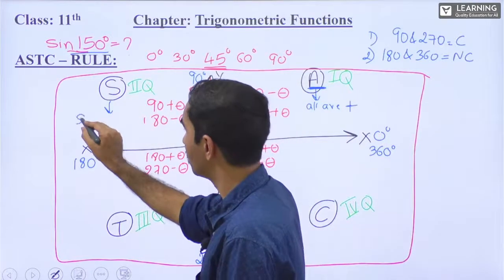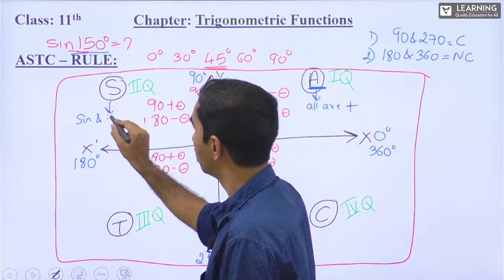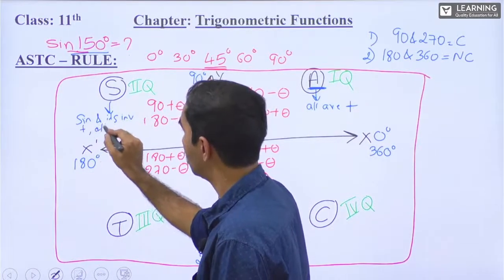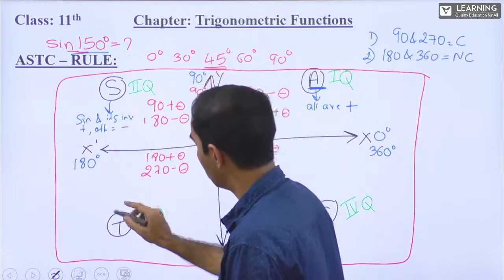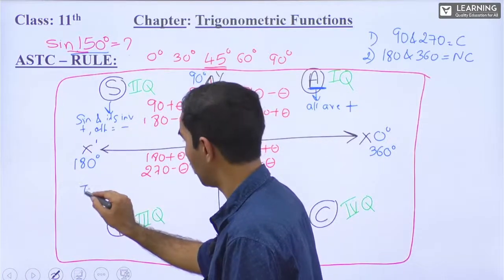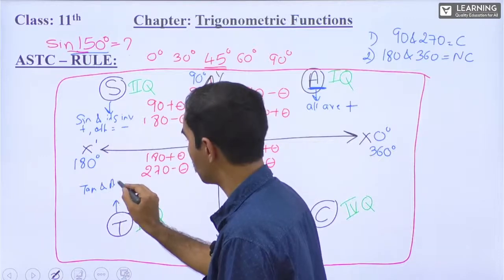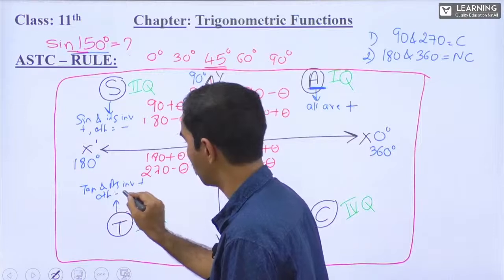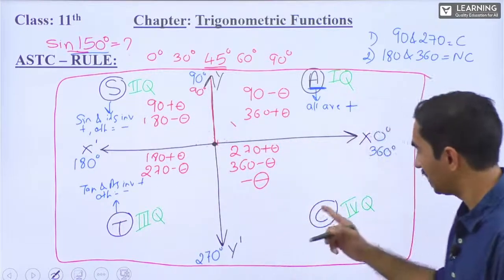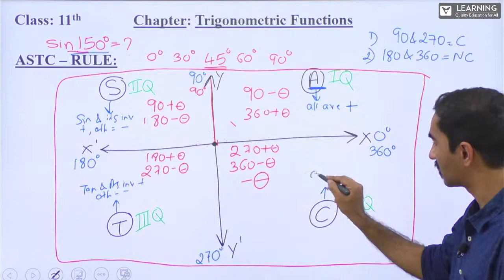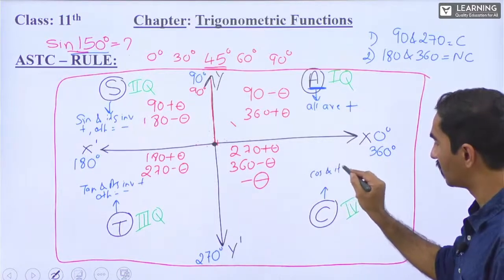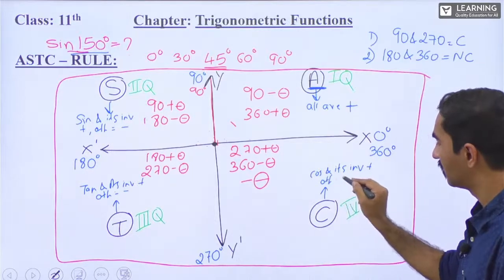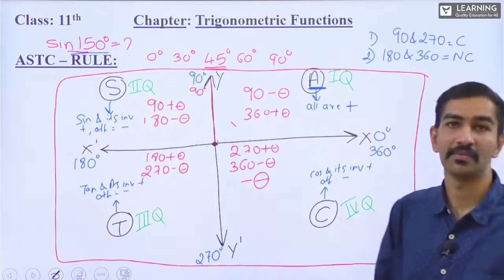S stands for sine and its inverse are positive, others negative. T stands for tan and its inverse are positive, others are negative. And finally C stands for cos and its inverse are positive, others are negative.